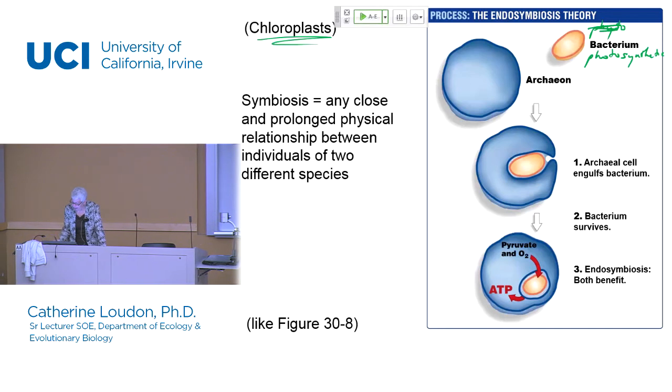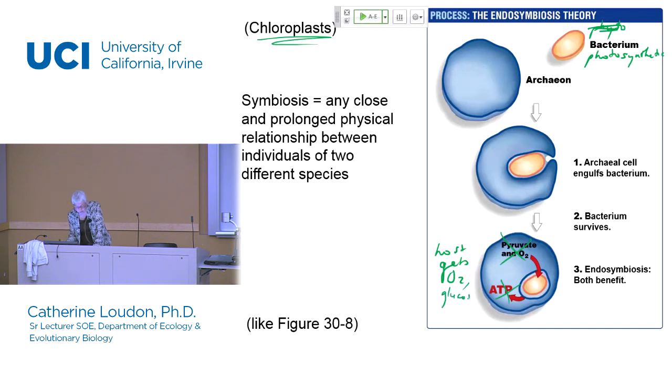And now, of course, the benefits would be quite different for the host and the endosymbiont. Now what the host gets out of it, so this is the chloroplast version of this particular figure, the host would get oxygen, right? Because that's a byproduct of photosynthesis, it gets oxygen and also sugar, like glucose. And what would the endosymbiont get out of it?